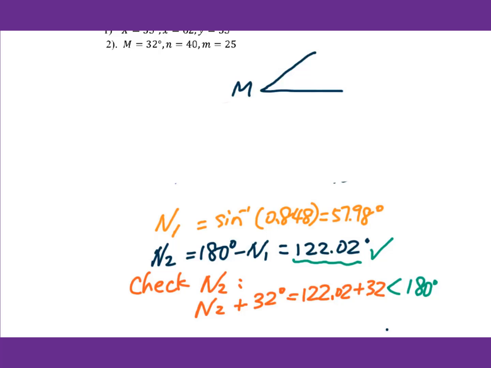This is the given angle M. We got N, connect this. Let's label this L. N1, L1. For N2, we still sketch like this. We need to create an obtuse angle. So we still get this is M, here's N2, then this is L2. Then we label these two triangles.